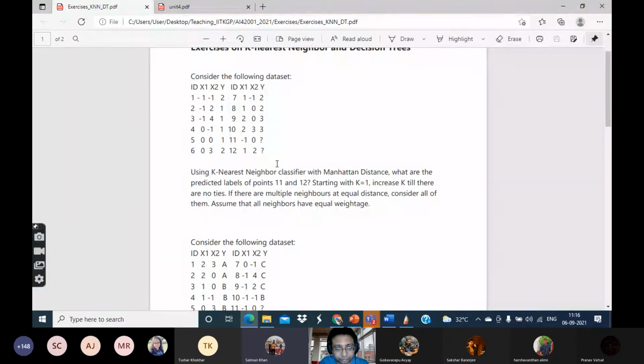The first point of difference for point 11 came in when k was equal to 2, and the y label for point 11 came as 1. The first point of difference for point 12 came when k was equal to 1, and the y label came as 2. Is it correct, sir? Yeah, fine.